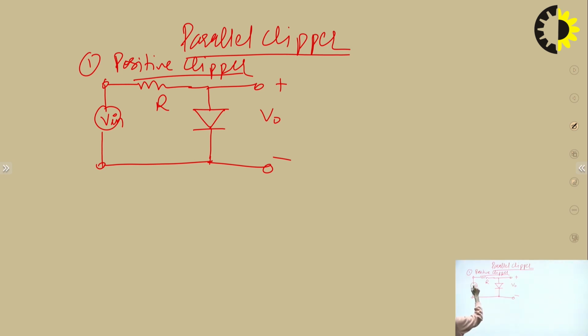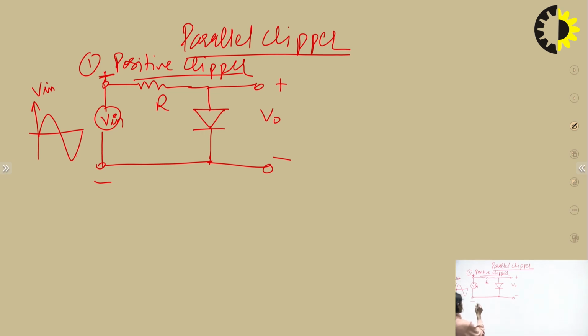So we are going to see the arrangement here. In this, Vin is coming here, Vin with positive cycle and Vin with negative cycle. The positive cycle will occur first, so this end will become positive and this end will become negative. As we had seen in the series clipper circuit, we are going to analyze the circuit for both cycles, first for the positive cycle and then for the negative cycle.